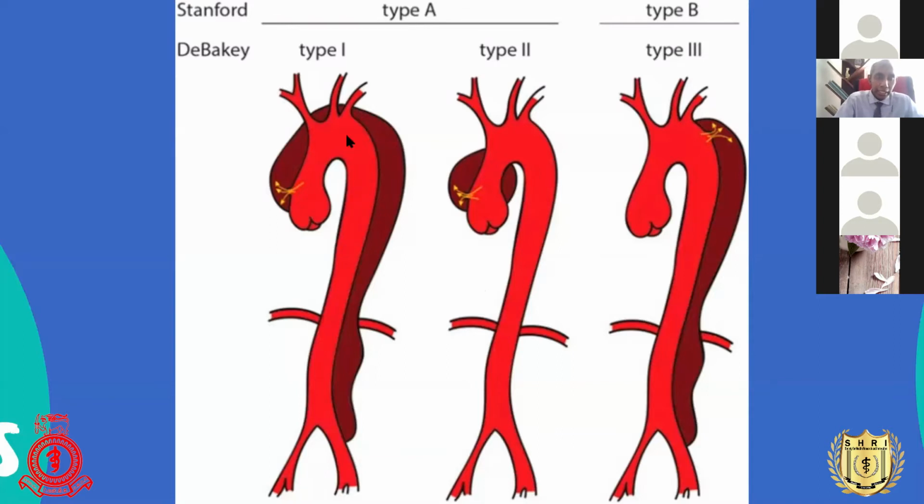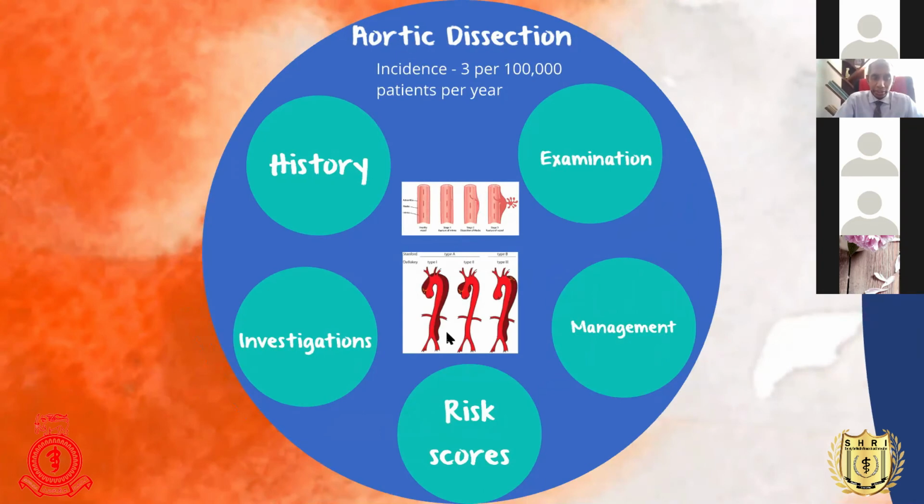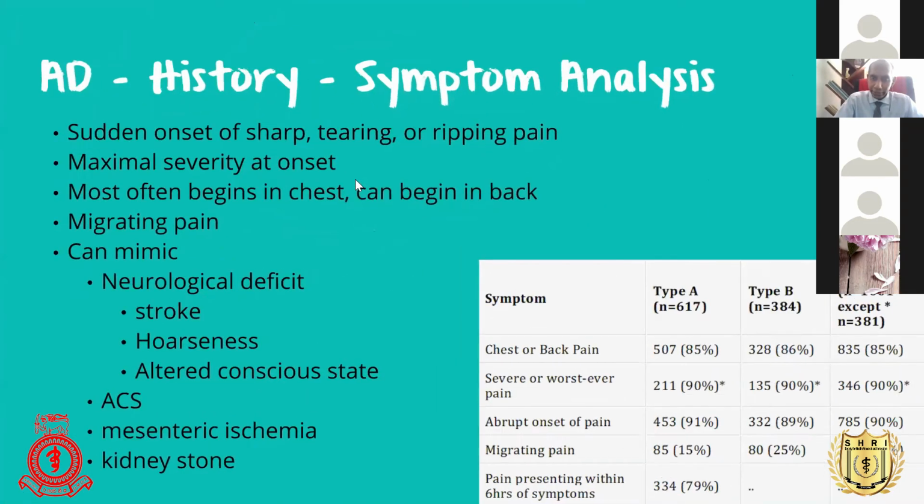On the other hand, it will block the branch arteries of the aorta, maybe the coronary, maybe the vertebral, carotid, and subclavian, maybe the renal. So that will give rise to the symptom profile. That is a brief description of the aortic dissection. And in the history, the typical presenting feature is sudden onset, sharp tearing and ripping pain.